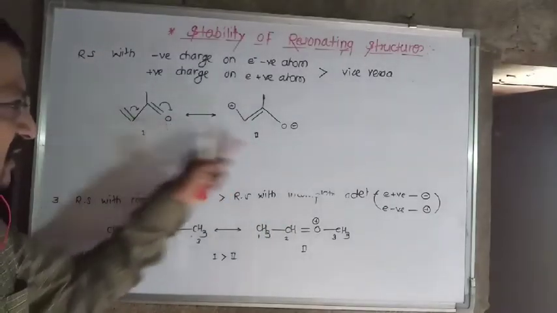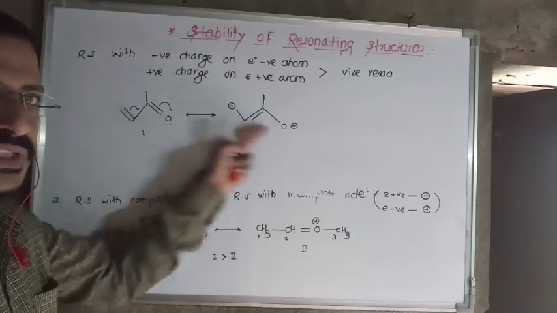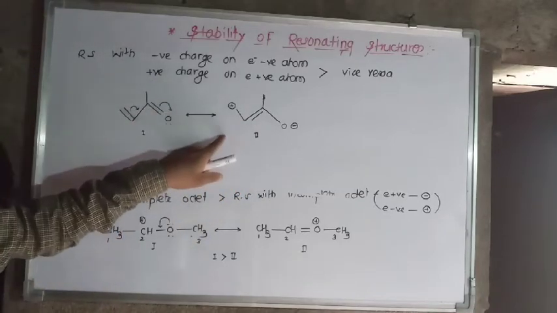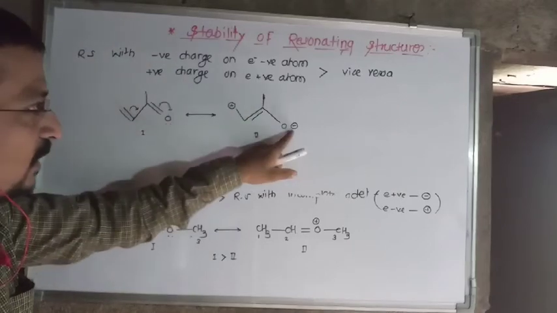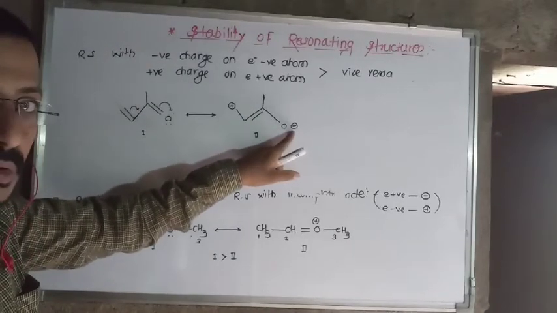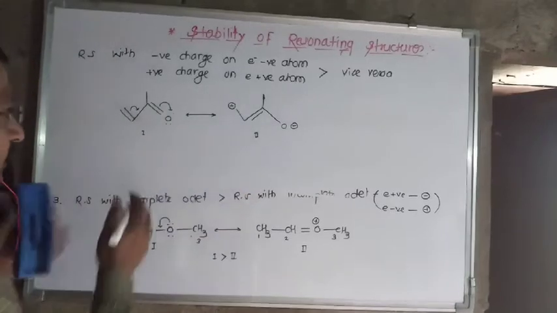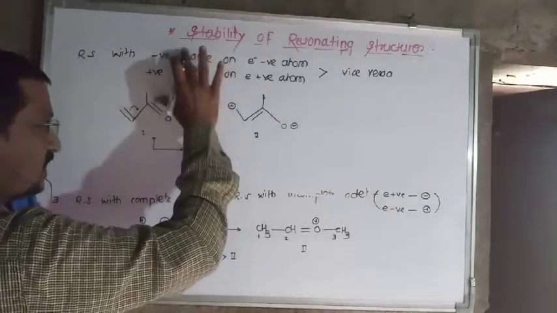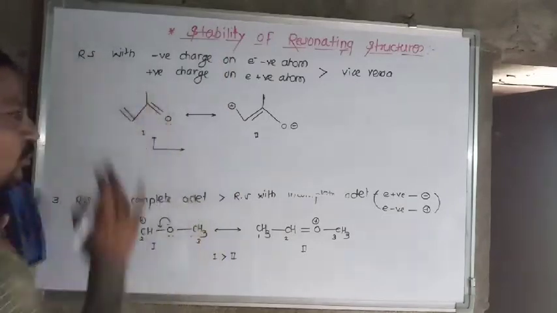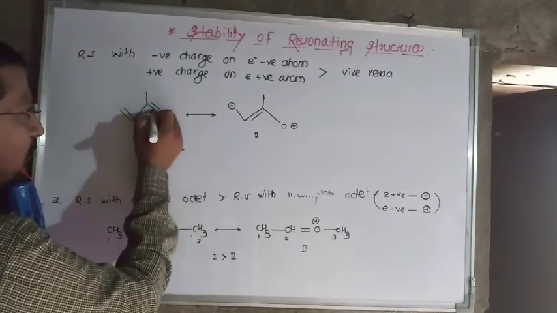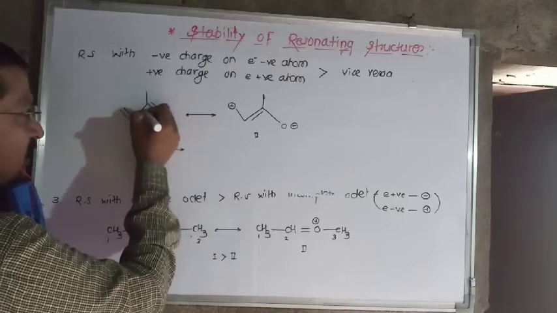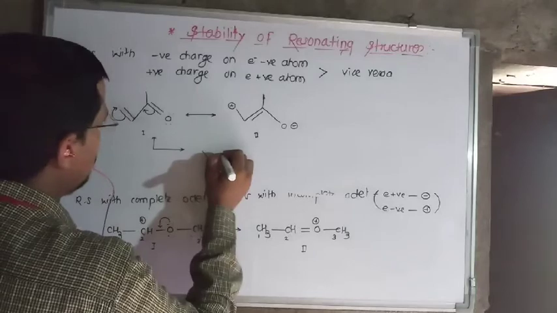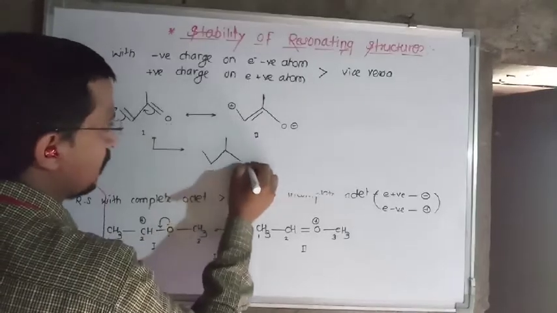Now in this case, the charge-separated form is neutral. Obviously, it is more stable. But in this case, oxygen carries negative charge. But if I resonate like this, instead of going this way, if I move the pi bond between oxygen and carbon here, and this pi bond is shifted onto the carbon atom, then the structure is like this.